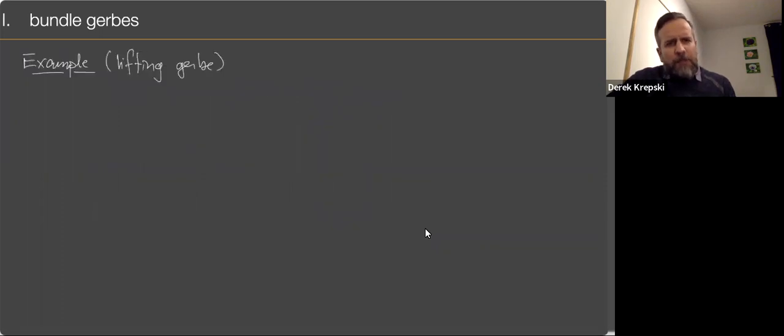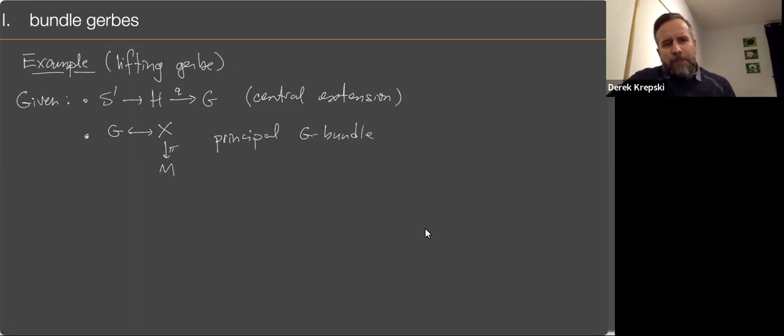Before giving you the definition, I'll motivate it with an example, and we'll abstract the essential elements of the example and then write down the definition. I'll start with some data, and from that data we will construct a bundle gerbe called a lifting gerbe.